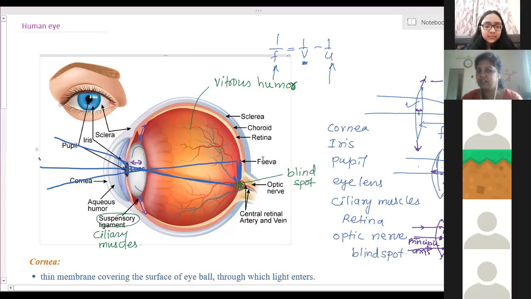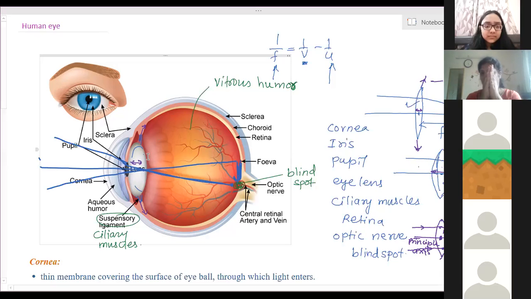To make this possible, so that the image is always formed at the same position, the focal length of the lens has to change. So to change the focal length, the thickness of this lens has to be changed.